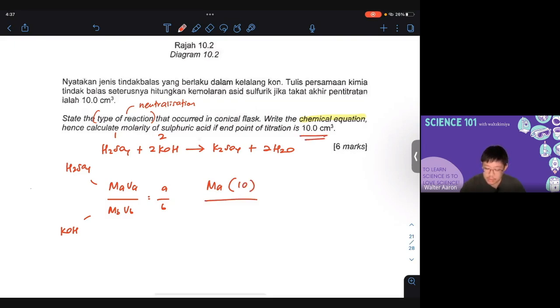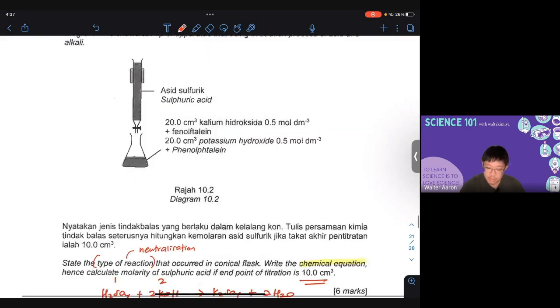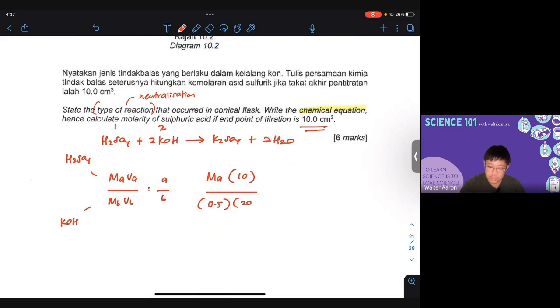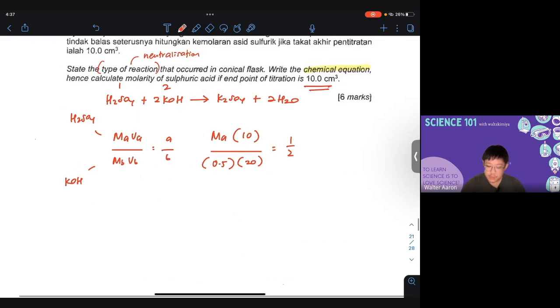Okay, and then after that divided by the MB, which is 0.5, and the volume of potassium hydroxide is 20, and divide by 1/2. Okay, so making MA as the subject. If you use your math skills, you'll be able to calculate it correctly. And the MA is supposed to be 0.5 mole per dm cube.